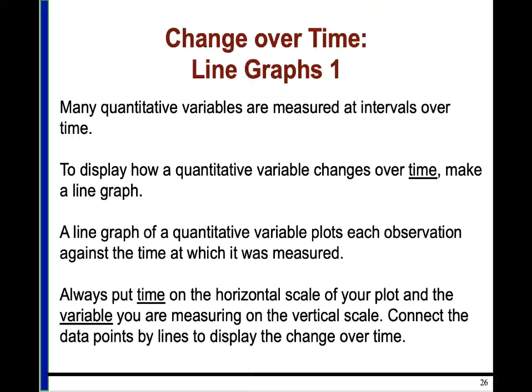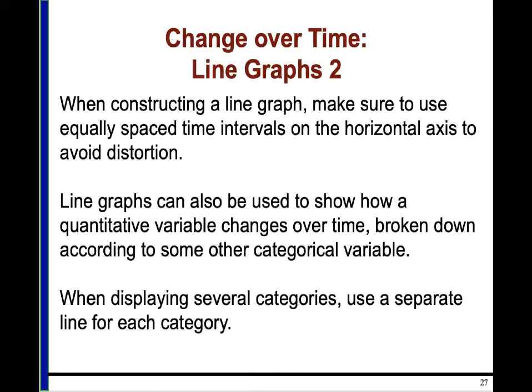Now, make sure that 0 is at the bottom and you increase going up, otherwise it's a very misleading graph. Also, make sure that your time intervals are spaced evenly, because if you don't, then you would distort the spread of time.